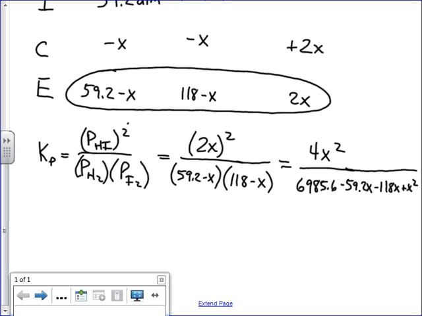So we've got 4x squared over 6985.6. Again, this still is equal to our KP, which we know. So maybe I should plug that in since we know that. Our K for this is 50.5. So I'll go ahead and plug that in.